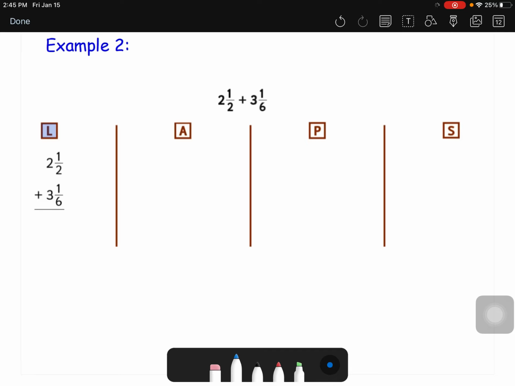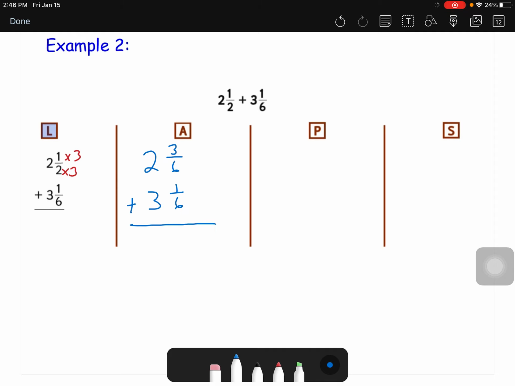Okay. They're walking us through the LAPS method again here. So, first we're looking and seeing that we're lining things up. We're adding, and so here we need to alter. So in the alter step, I'd multiply by 3. So now the problem becomes 2 and 3/6 plus 3 and 1/6.